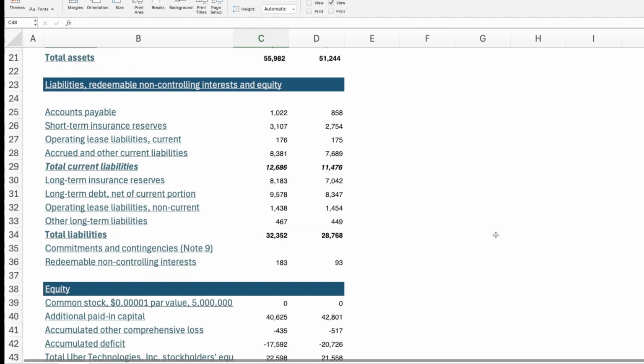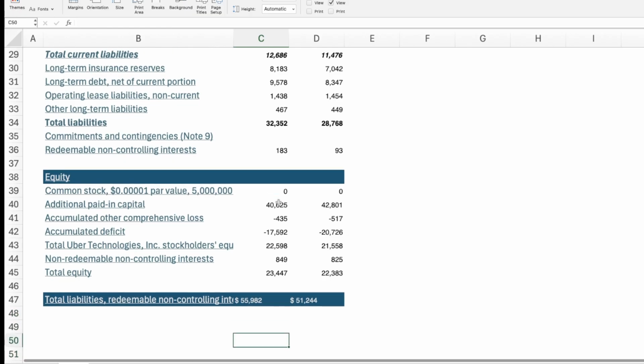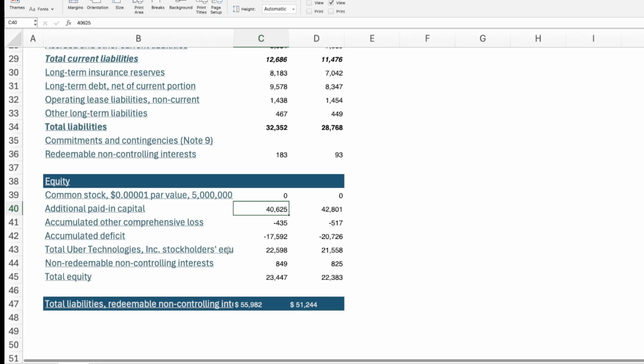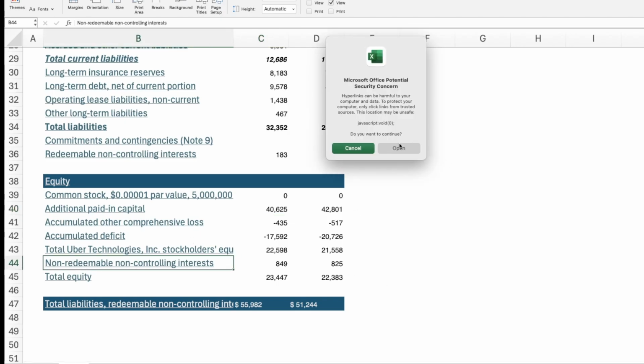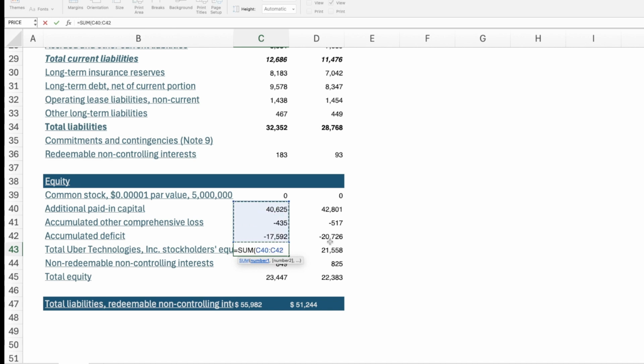So total equity is the sum of the additional paid-in capital, the accumulated other comprehensive loss, and the accumulated deficit.